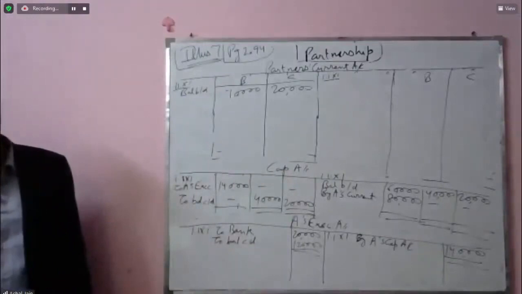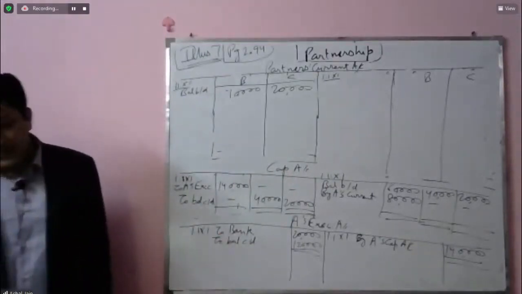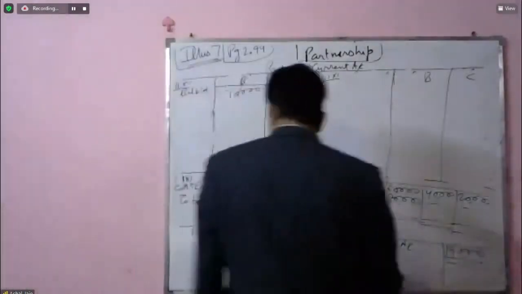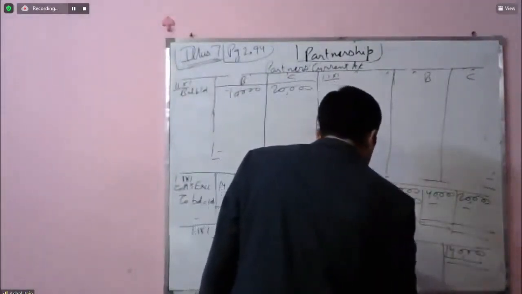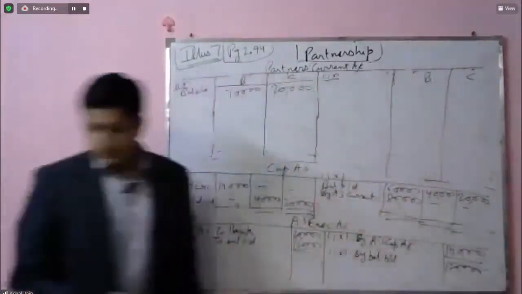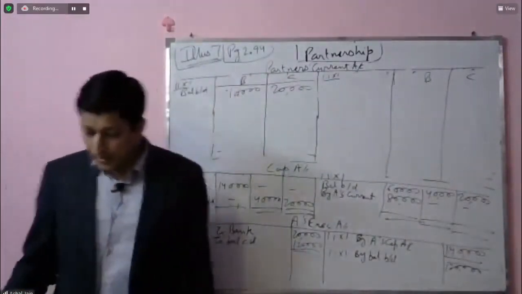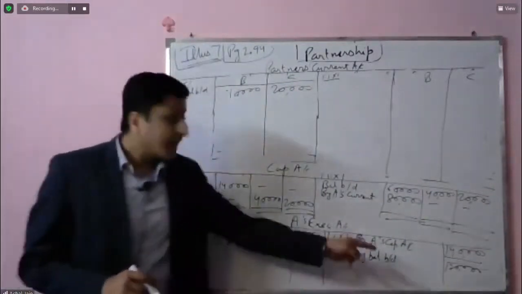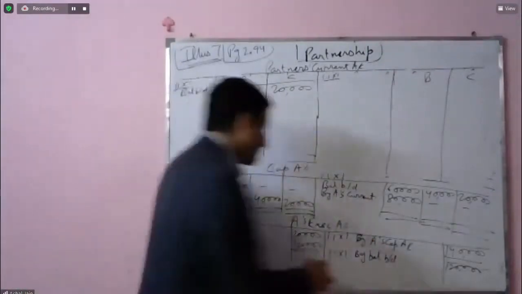So let's compute it. On 1,20,000, first of all, interest will be paid at the rate of 5%. So we will say on 1st of January X1, by balance brought down 1,20,000. On 1,20,000, 5% will be the rate of interest. What was the rate of interest? 5%. So 1,20,000 into 5% is 6,000. For half a year, it will be 3,000.